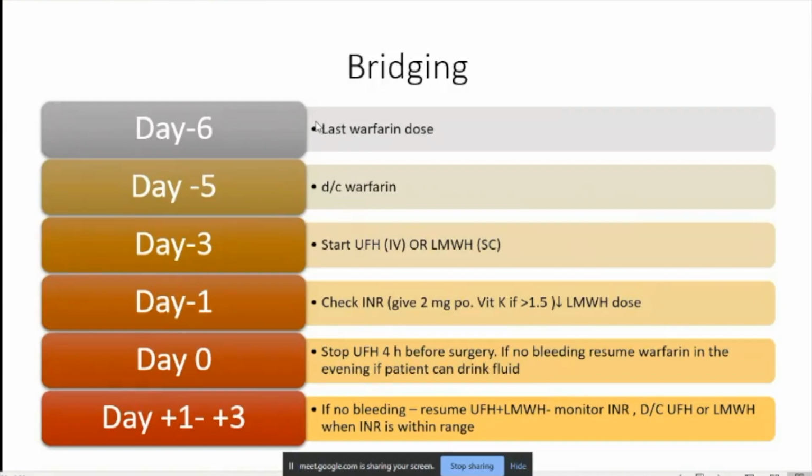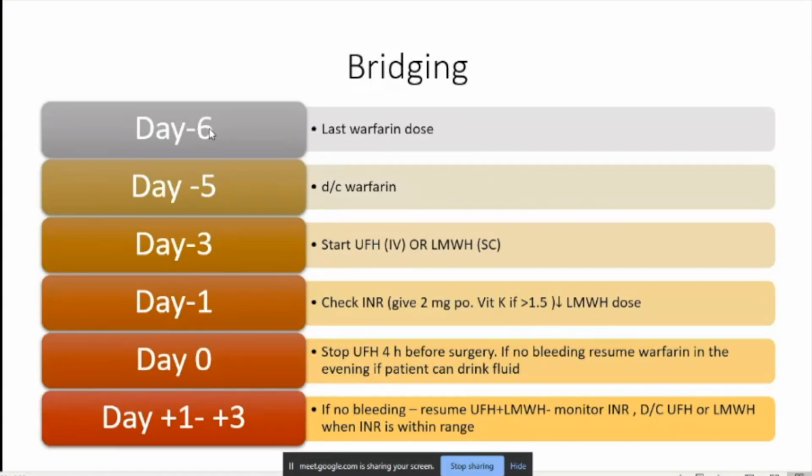So here, just day -6. So day -6 of surgery, counting from the day we do the surgery. If the surgery is on March 6th, then March 1st is day -6 from the day of surgery.